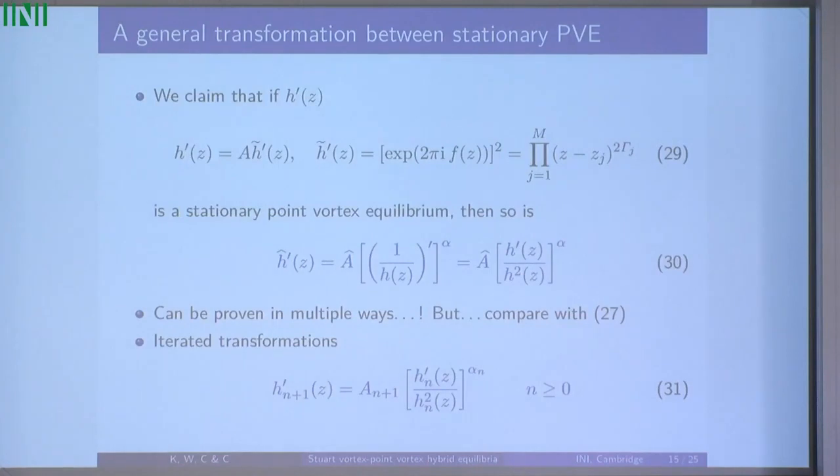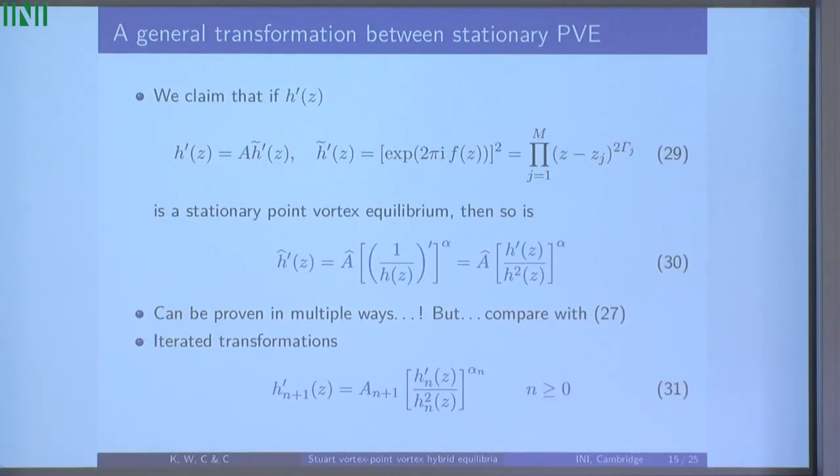Okay, so what does all of this have to do with our stationary solutions? Well, here's a further thing to consider. We make the following claim. Suppose H prime is this guy, then H hat prime defined like this is also an equilibrium.